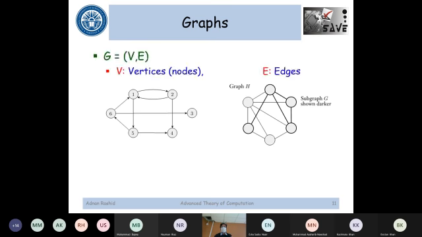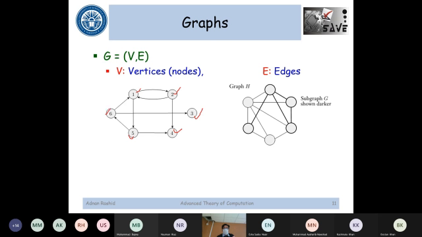So what exactly is a graph? A graph is a combination of vertices and edges. You can call those vertices nodes as well. These are the vertices over here: 1, 2, 3, and then 4, 5, and 6.